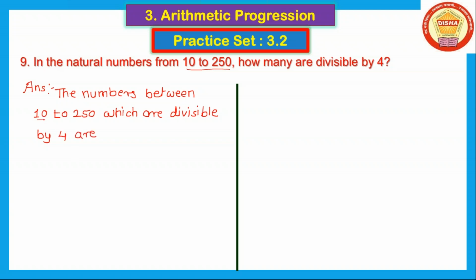See, 10 is not divisible by 4. After 10 नंतर कोणता येतो डिजिट नंबर? 11 येतो. 11 पण इज नॉट डिव्हिजिबल बाय 4. मग येतो 12, इज डिव्हिजिबल बाय 4. म्हणजे 10 to 250 मध्ये 4 ने डिव्हिजिबल होणारा पहिला नंबर कोणता आला? 12. Then the next number 16. Then the next number 20, and so on.